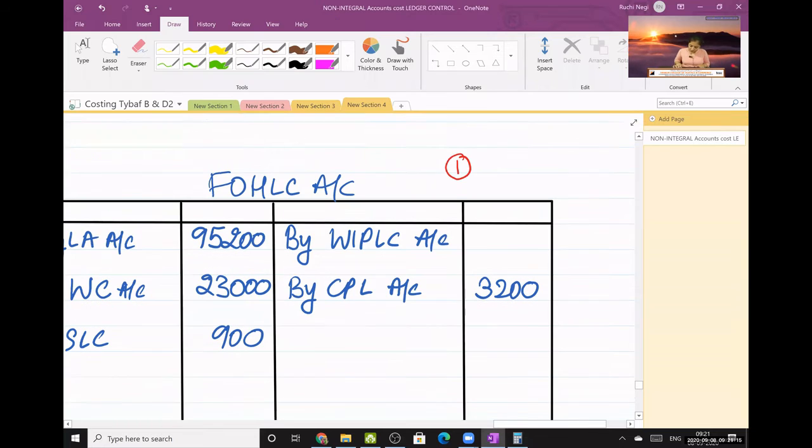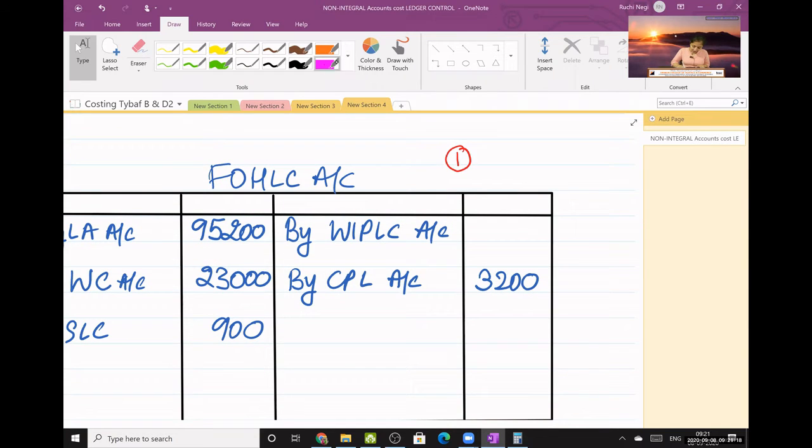So this is my balancing figure, 1,15,900. I'll write it like this.